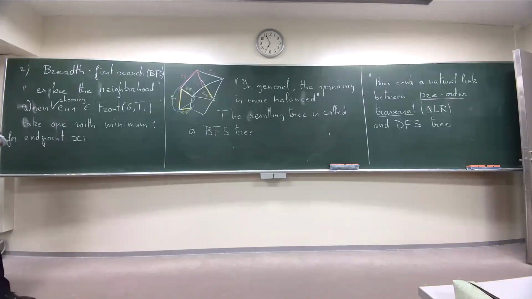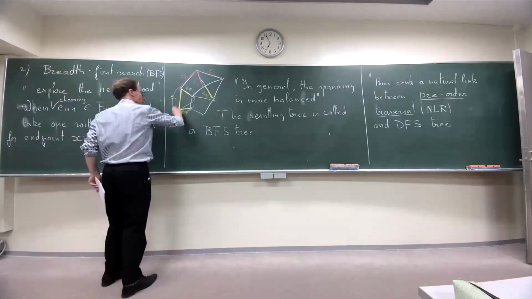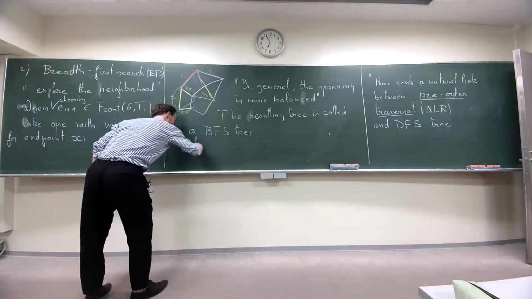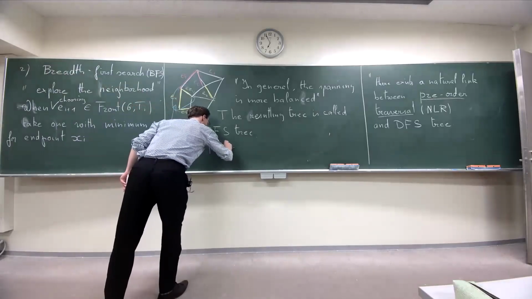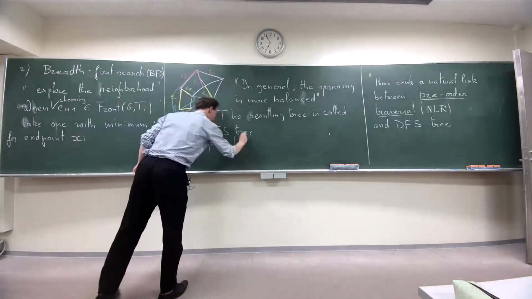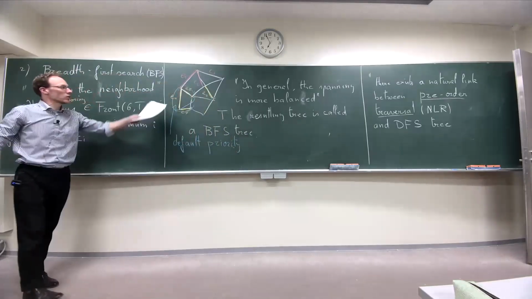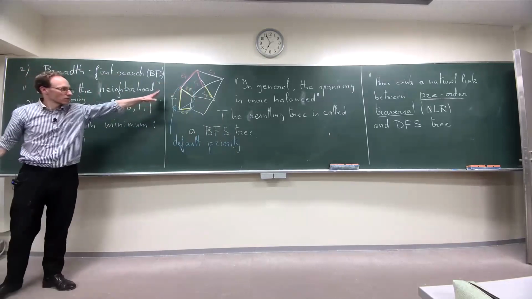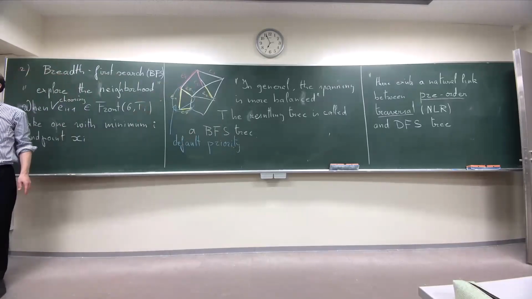This is called a default priority. In the algorithm, there is no reason to choose one or the other one, but maybe for some other external reason, you have a reason to make a certain choice or to do it randomly. Yes?